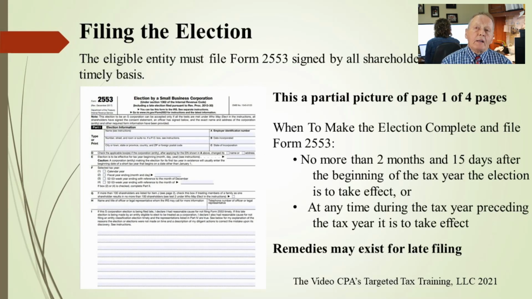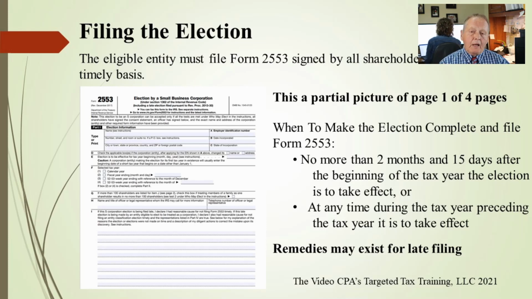Filing the election is done by filing Form 2553. It's got to be signed by all shareholders on a timely basis. And it's got to be filed no more than 2 months and 15 days after the beginning of the tax year the election is going to take effect. It can be filed anytime prior to the start of that tax year as well.